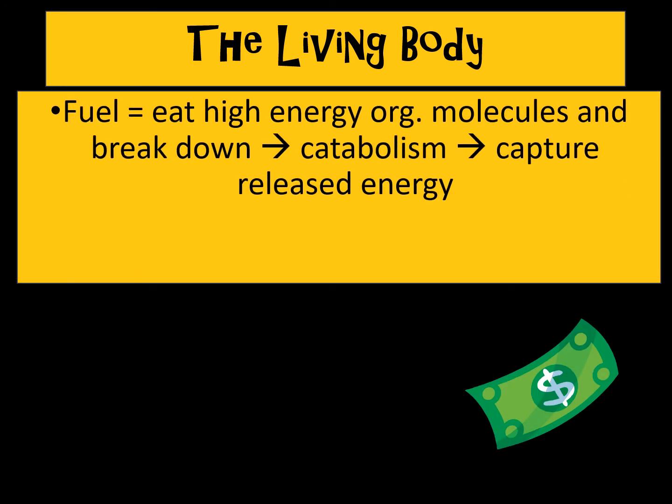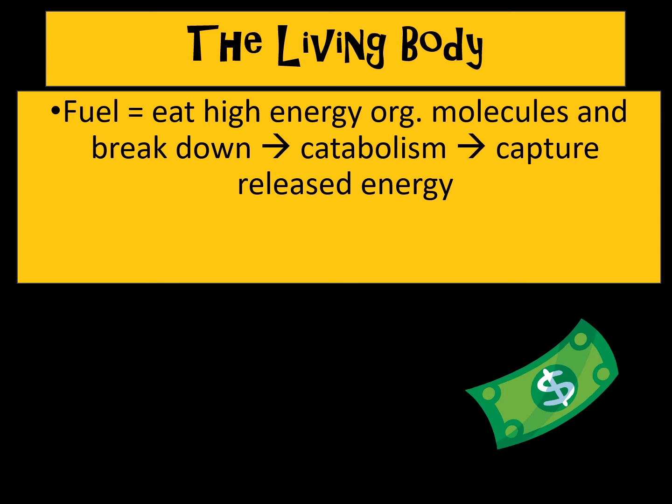So let's take a look at how the human body deals with energy, right? So we eat in order to obtain fuel, right? So we eat things that are high energy, that have a lot of organic molecules in them. And what our body does is we break them down, right, through the digestive system. Well, that process is catabolic in nature.